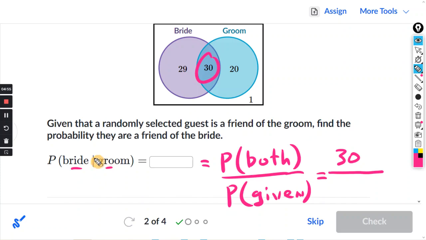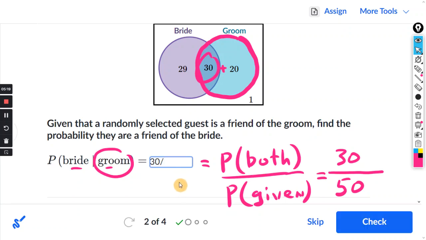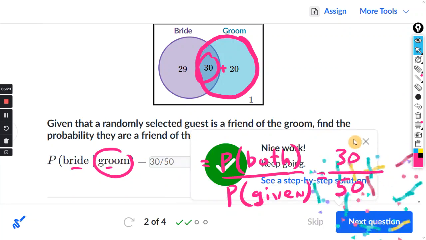Probability of the given is the groom. And the groom is this circle right here. So it's going to be 30 plus 20, or 50. So that's it. You can do it on the calculator, or I'm pretty sure they'll take it as is. If I just write 30 out of 50, I know you can reduce that, but I'm pretty sure they take it just like that.